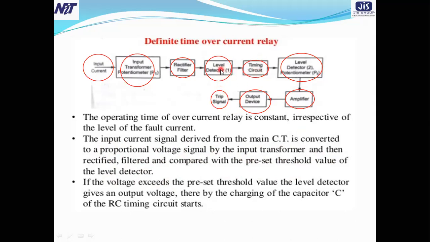If the voltage exceeds the preset threshold value, the level detector gives an output voltage, and thereby the charging of the capacitor C of the RC timing circuit starts.